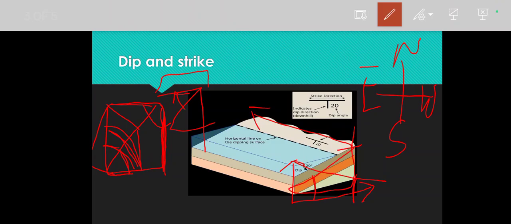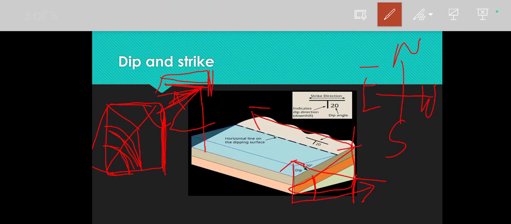Here, this is the strike line, this is the strike line, this is also a strike line, and any line other than the strike line in this plane will be the same as your true dip. I think you all have understood it well.